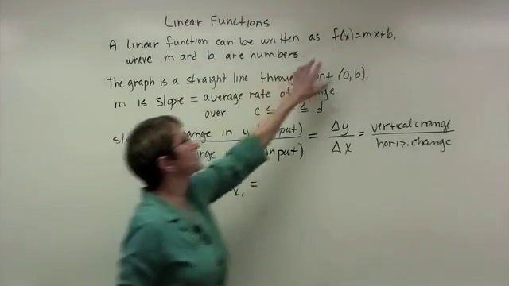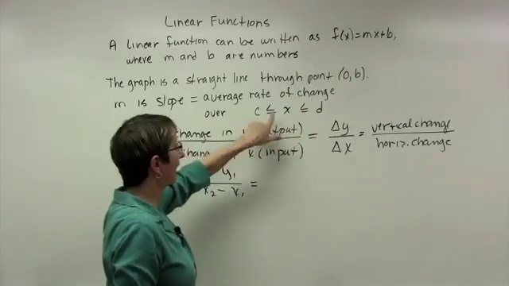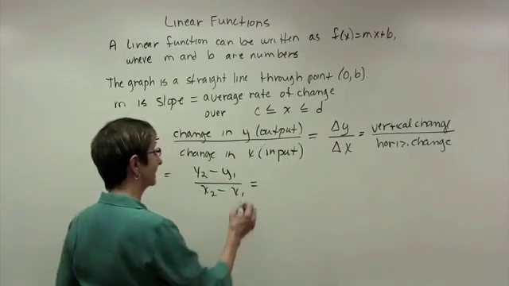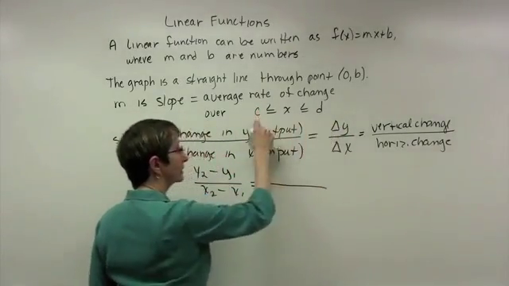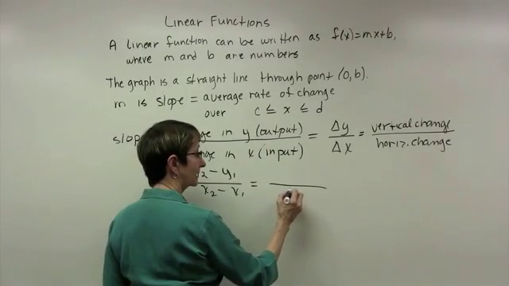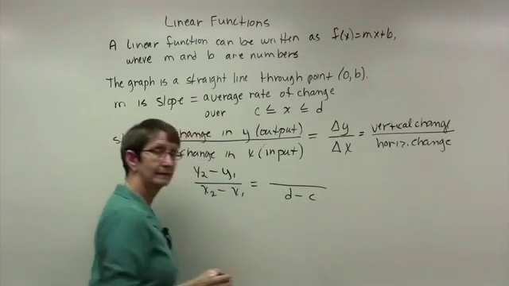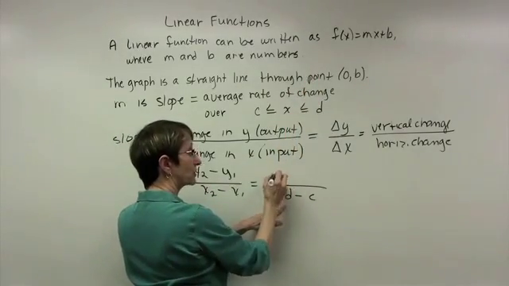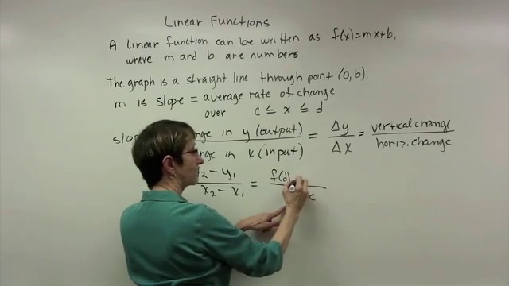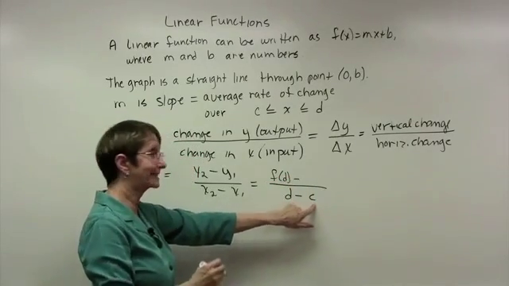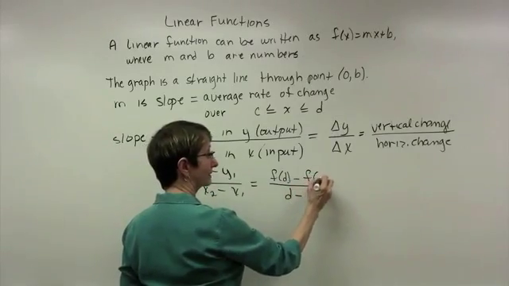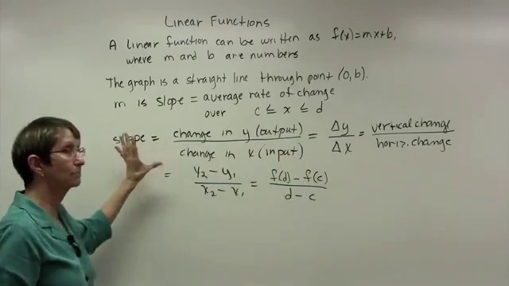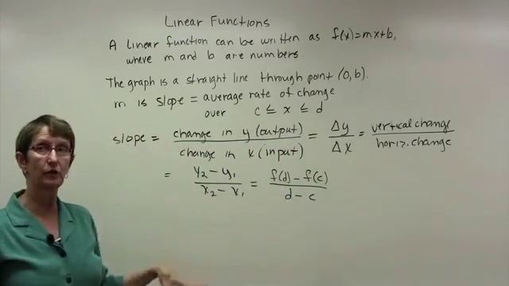And using the function notation with our point where x ranges from x equal to c up to x equal to d, the difference in the two x's would be d minus c, so that the y value associated with d using the function notation is f of d minus, and the y value associated with c would be f of c. We'll be using all of these notations and more as we study more about linear functions.